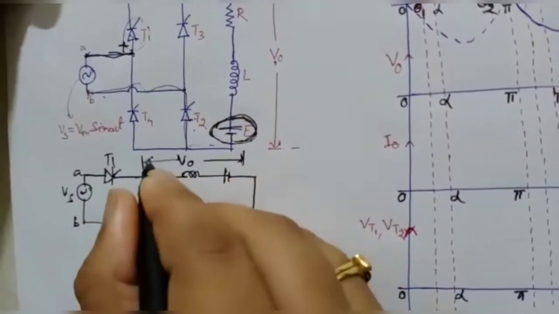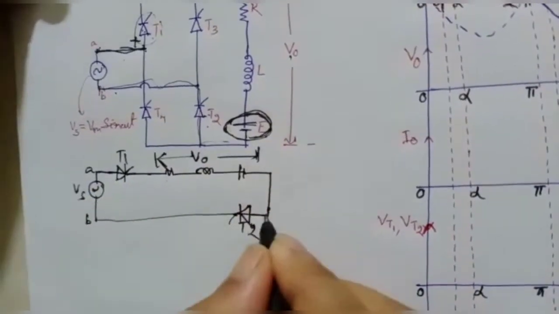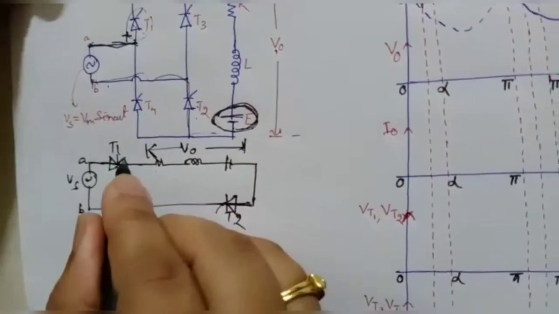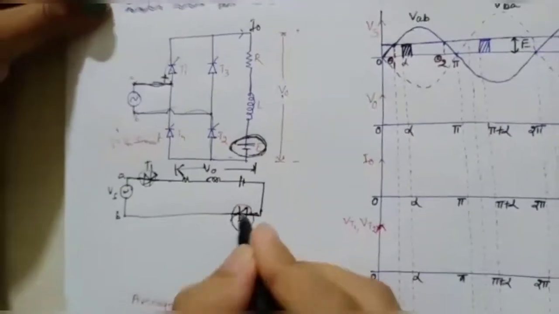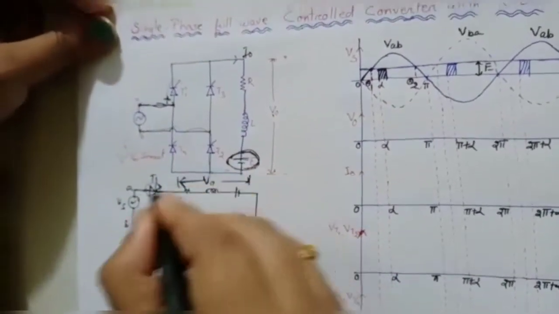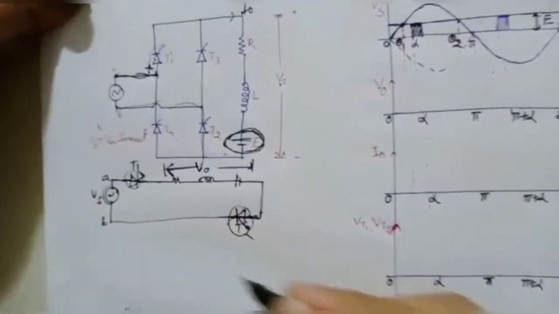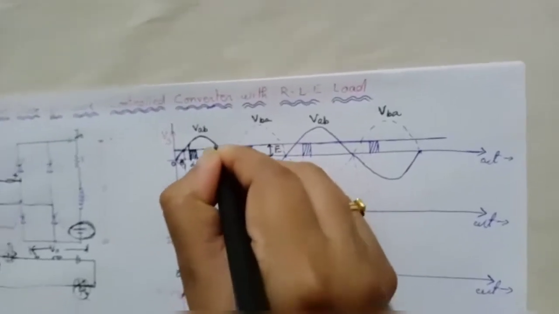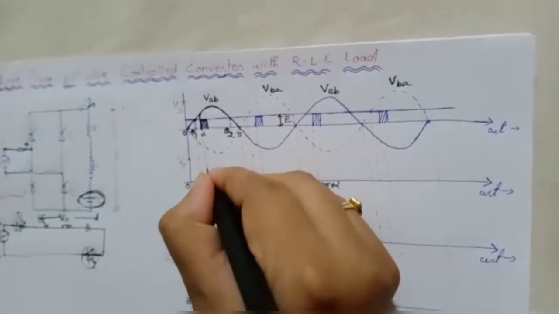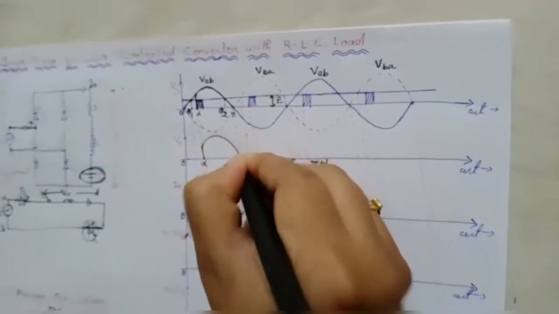If T1 and T2 are both on, it is a short path. The voltage across these devices is 0, so V0 must equal Vs. That's why this much voltage will appear across the load. Here I am drawing it separately.